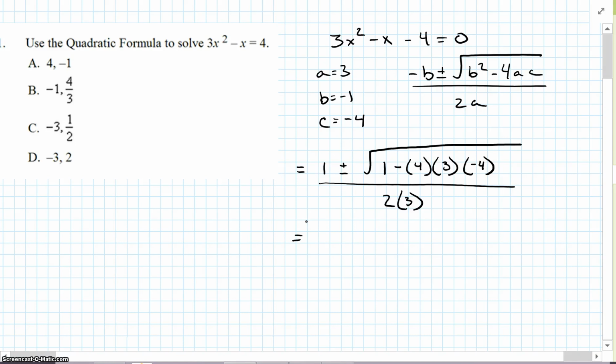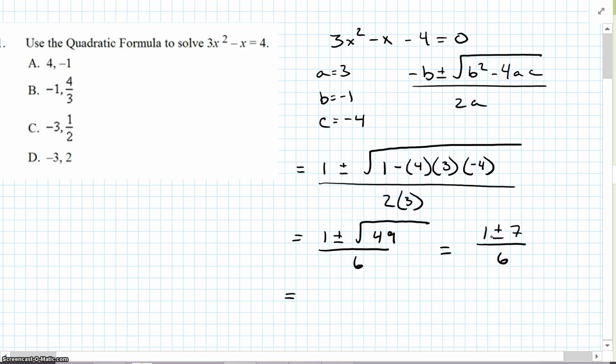So that's going to be 1 minus negative 48. So that's going to be 1 plus or minus the square root of 49. 2 times 3 is 6. So that's going to simplify to 1 plus or minus 7 over 6.